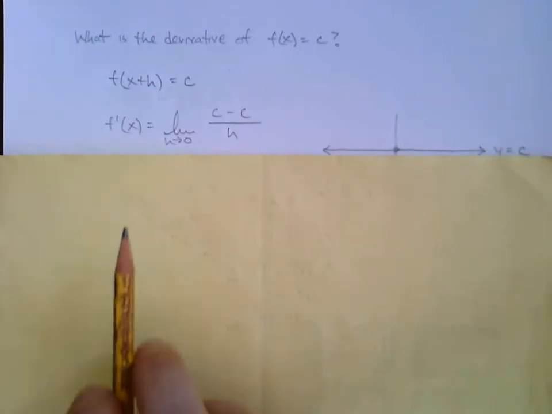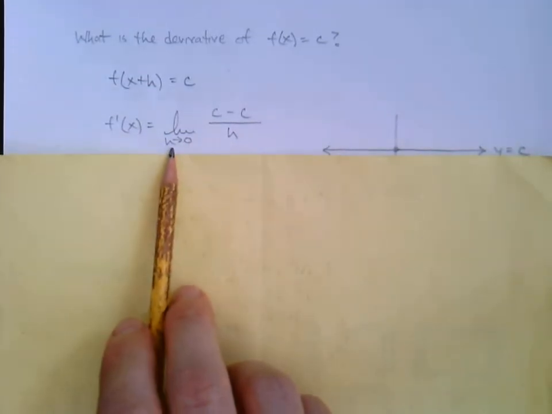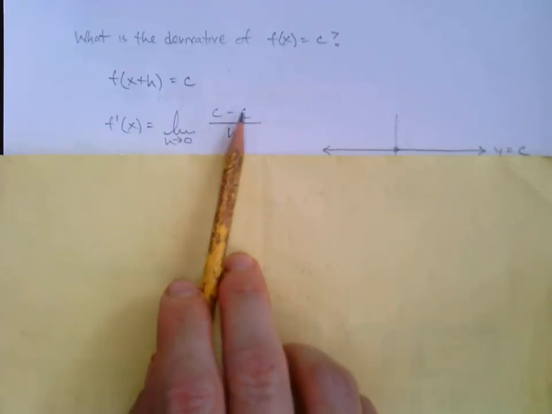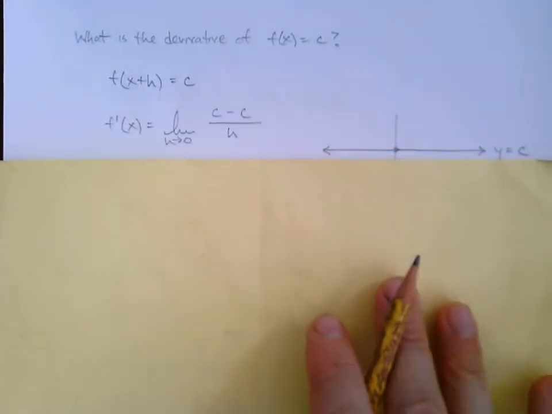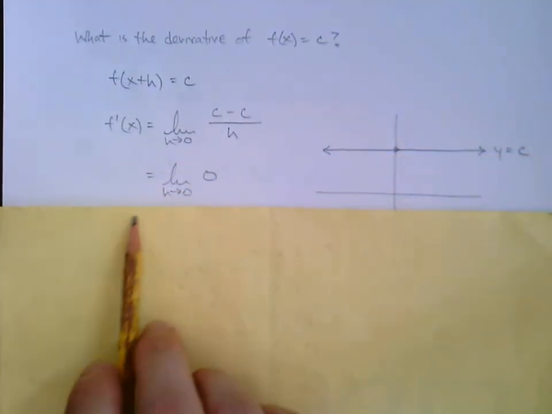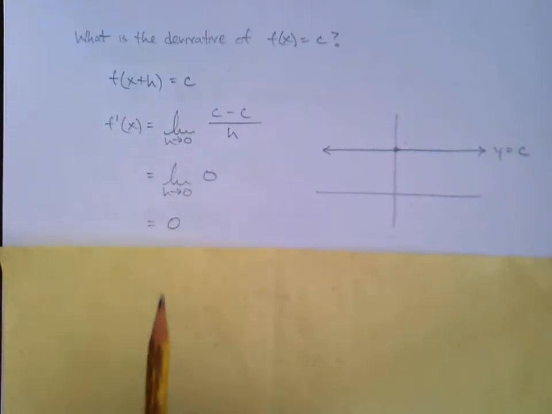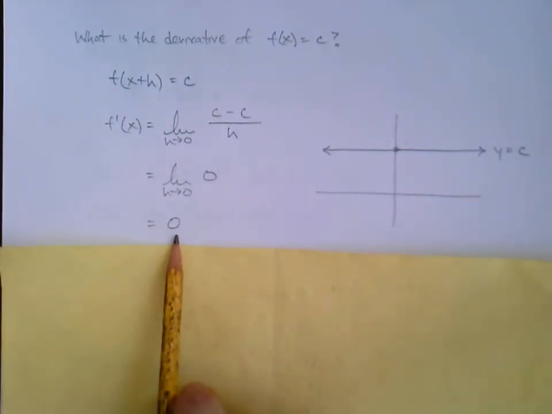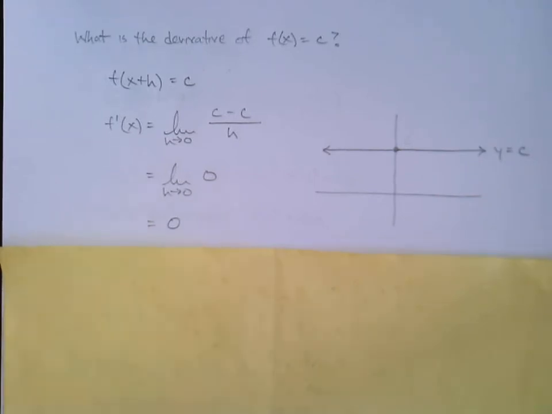So then if you were to go ahead and do the definition, the limit as h approaches 0 of c minus c over h, well, clearly that's the limit as h approaches 0 of 0, and we know the limit of any constant is just that constant. So the derivative of a constant, f prime of x, would equal 0. Always, for any constant, the derivative is always 0.